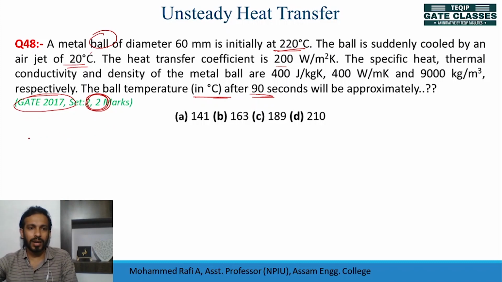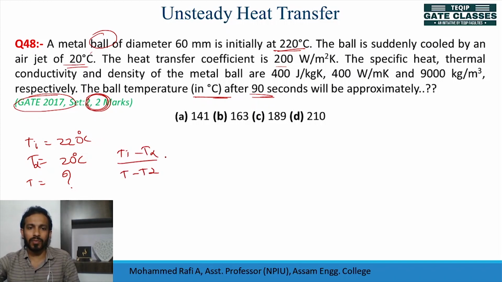For any question, try to identify the three temperatures: initial temperature, surrounding temperature, and the temperature at that particular time. Here the initial temperature is directly given as 220 degree Celsius, and it is suddenly cooled by an air jet, that is the surrounding temperature, 20 degree Celsius. This one we don't know, we have to find out, and the rest of the things are given. So you can directly write t minus t infinity over ti minus t infinity equals e to the power minus hA by rho V Cp into t.